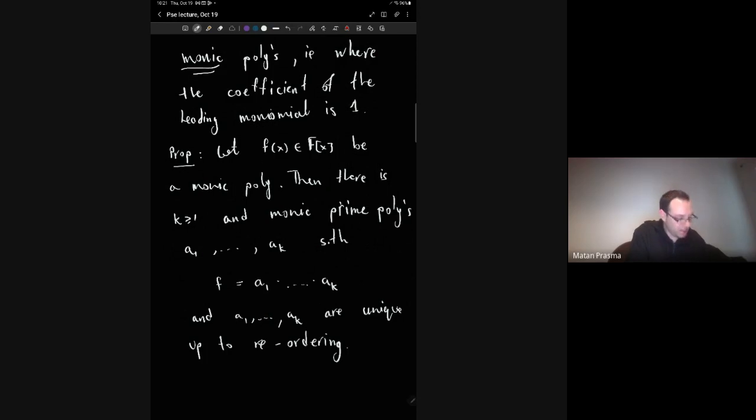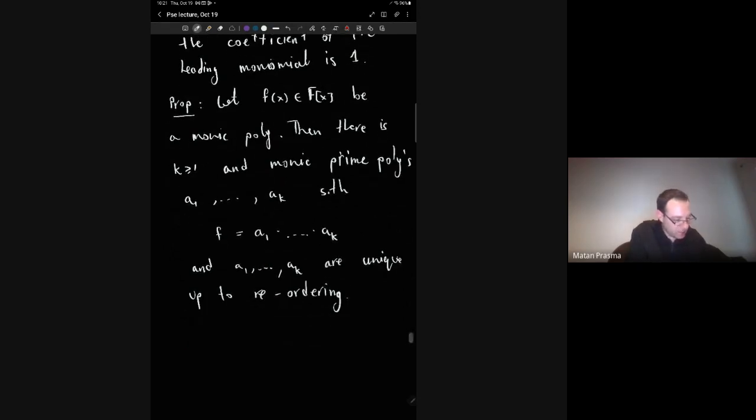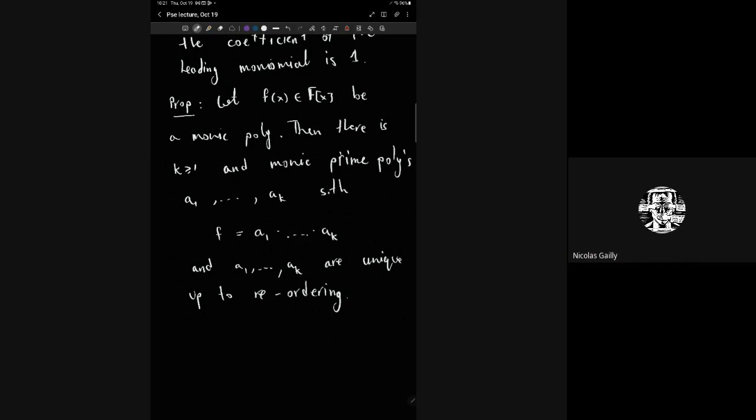Is this statement clear, especially the last part of uniqueness? Okay. So how do we prove it? Yes, just to make it extra clear, for f you multiply all the prime polynomials a1 to ak.